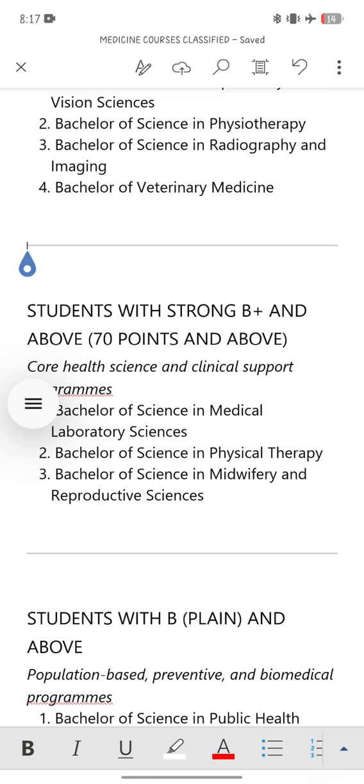You cannot have a C plus and then do a degree course in Medicine and Surgery. You cannot have a B plain and then think that you can qualify to do pharmacy on government sponsorship. You will not, unless you enroll as a self-sponsored or parallel student.